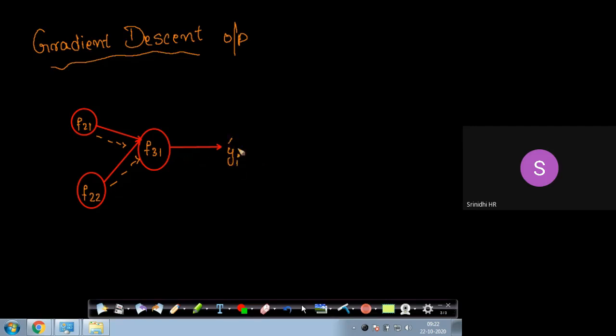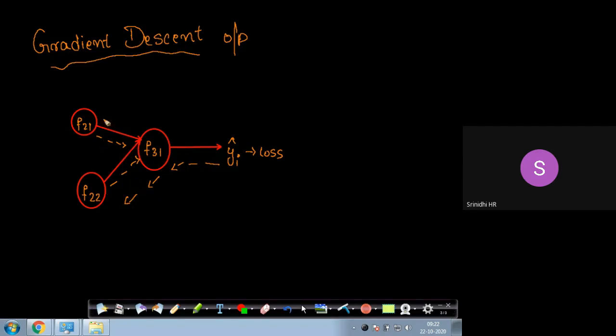it generates some loss. Your yi cap value is not equal to yi. So what do we do in that case? We start backpropagating in the backward direction, adjusting the weights.